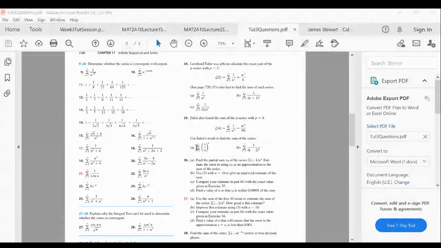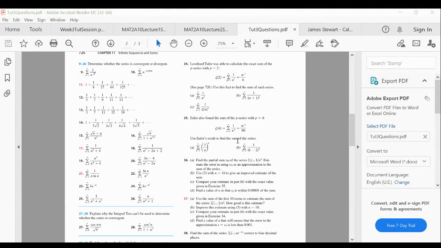So this is going to be 11.3, type 3 questions, number 11. Let me share the screen. So you should see it now. There's 11, the one in pink. It says 1 plus 1 over 8 plus 1 over 27 plus 1 over 64 plus 1 over 125.